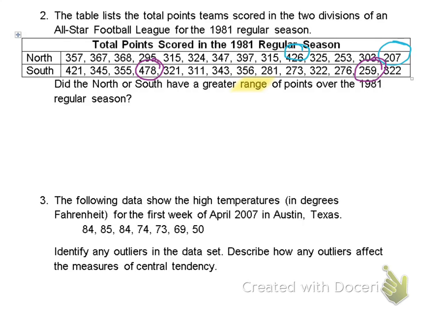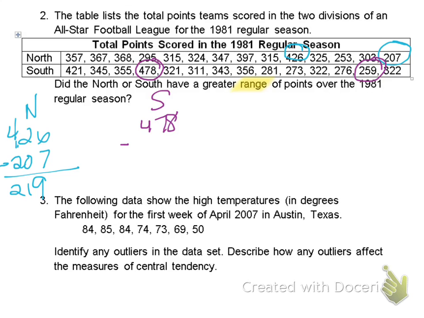So for the North, I'm now going to subtract the greatest minus the least, 426 minus 207, and that equals 219. And for the South, I'm going to take the greatest, 478, minus the least, 259, and that equals 219, actually.